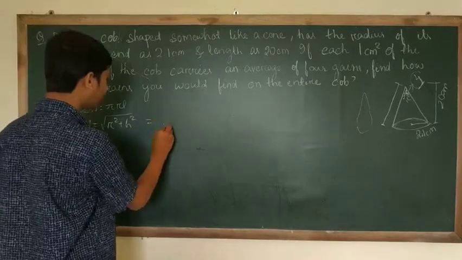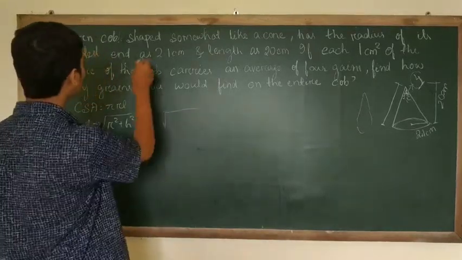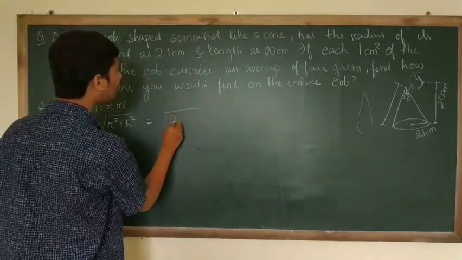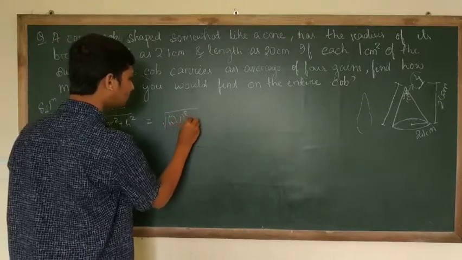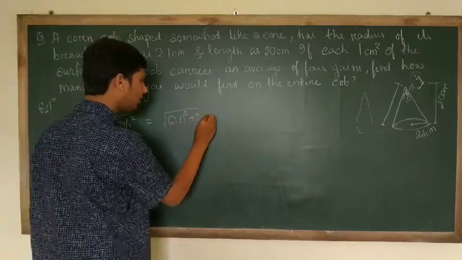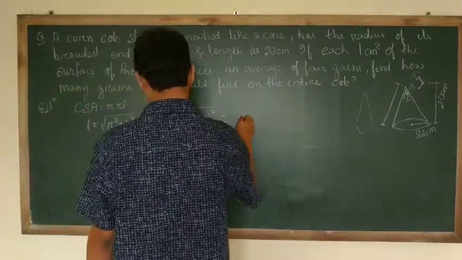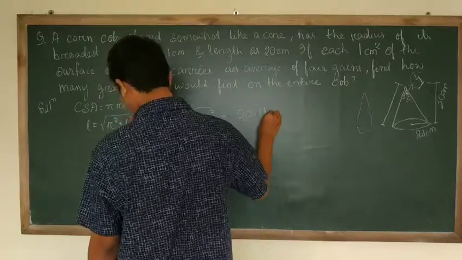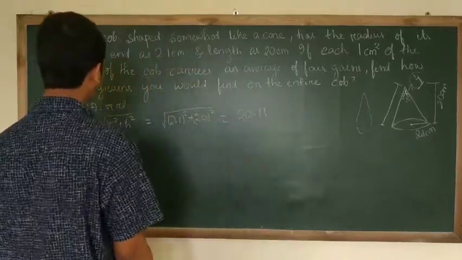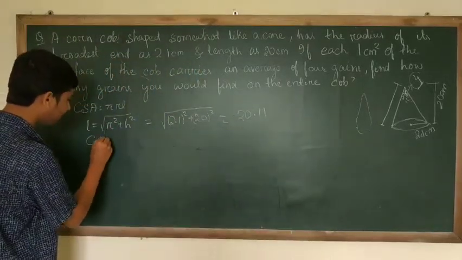So this is 2.1 square plus 20 square, and after finding you will get 20.11.